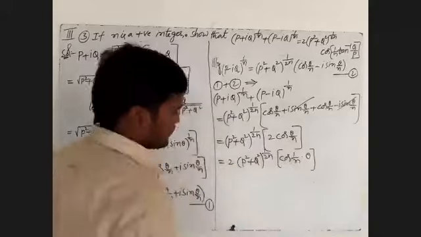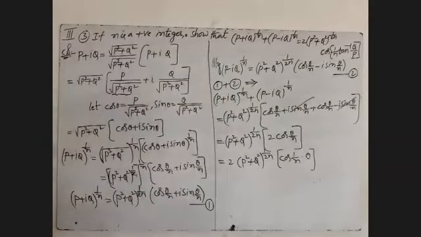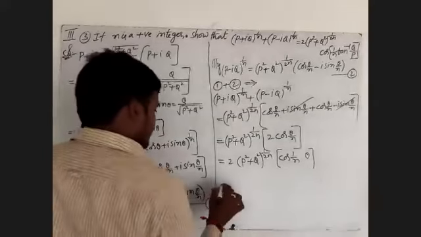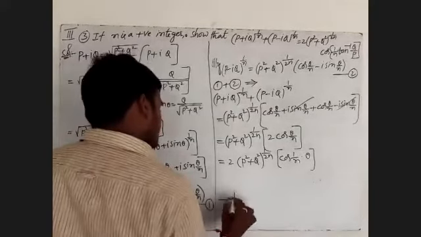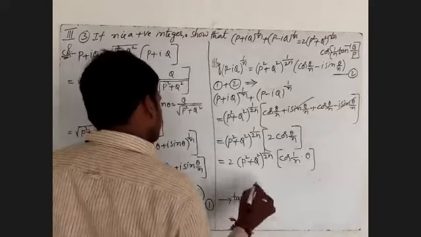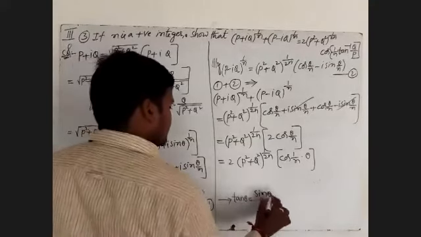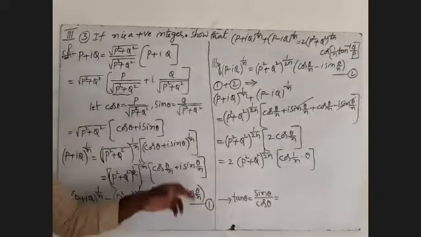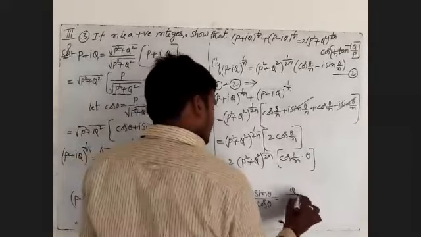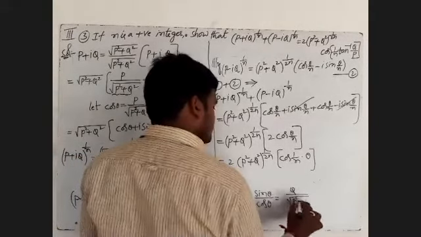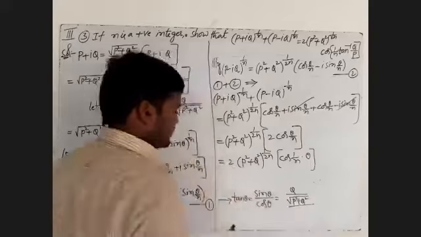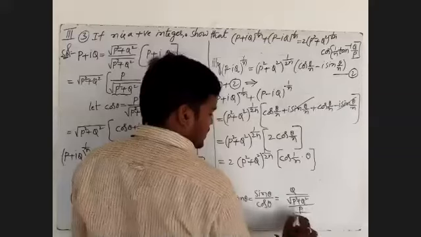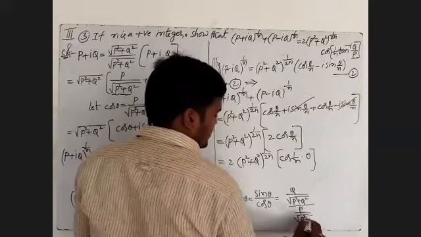We'll observe. We know the value of p and q. I will take the tan θ value. Tan θ is nothing but sin θ by cos θ. The value of sin θ is q by root of (p² + q²), and cos θ is p by root of (p² + q²).